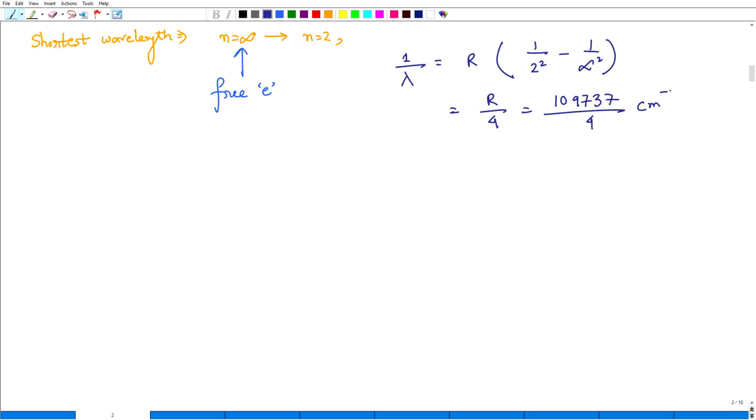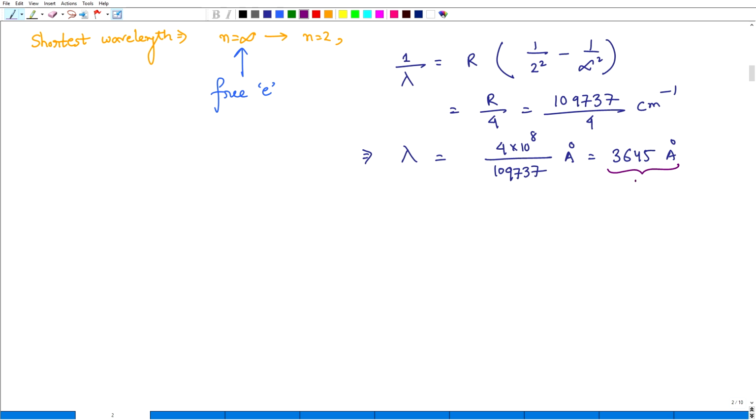Similarly we can write lambda equals 4 into 10 to the power 8 divided by 109737 Angstrom. Calculating this numerical value, it comes around 3645 Angstrom.